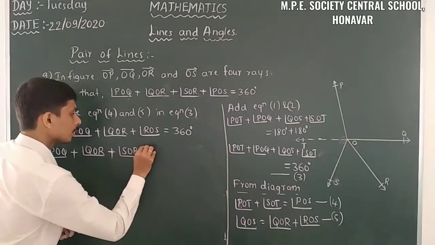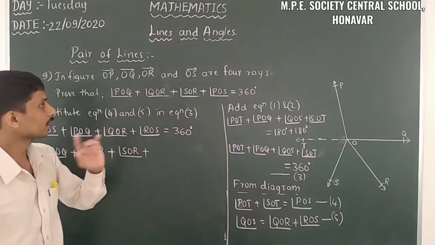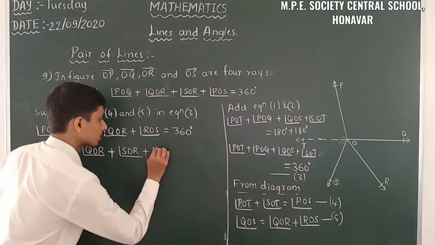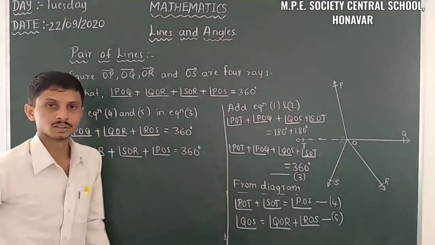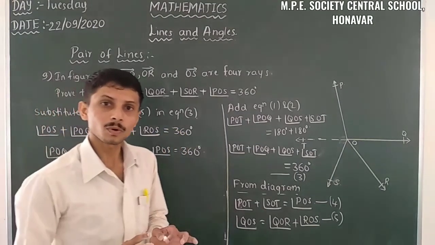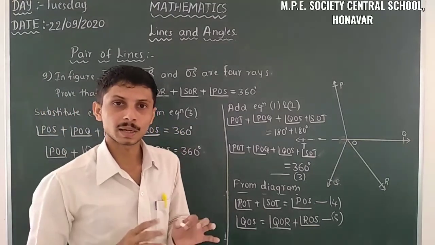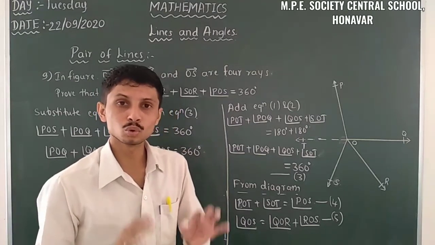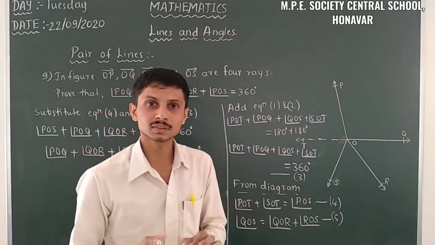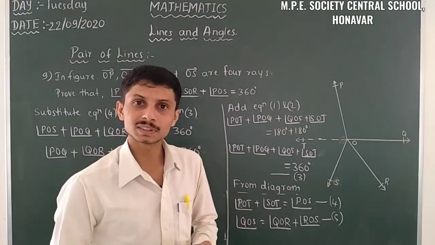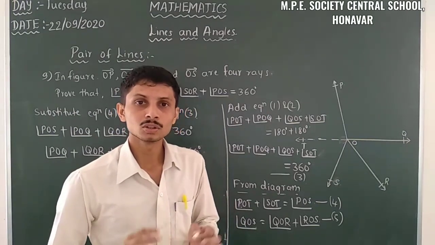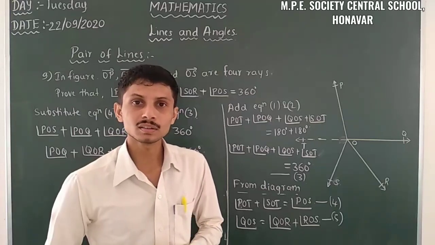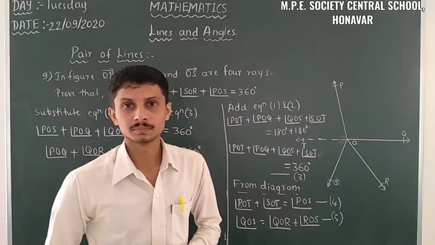Angle SOR plus angle POS is equal to 360 degrees here. So this is the proof of this type of problem. In all these cases we have to use axiom 6.1, axiom 6.2 and theorem 6.1 to prove the given unknown values.